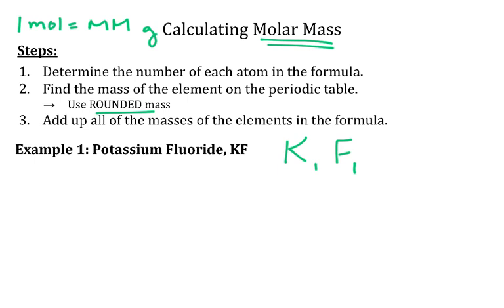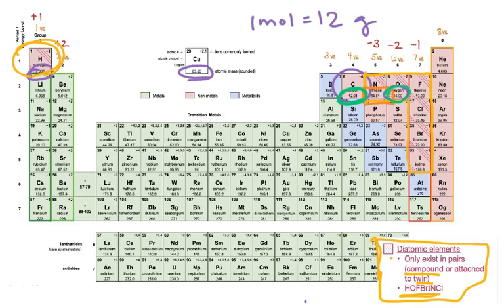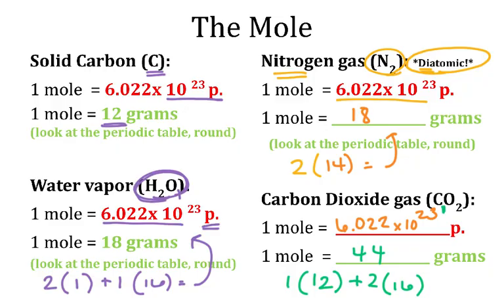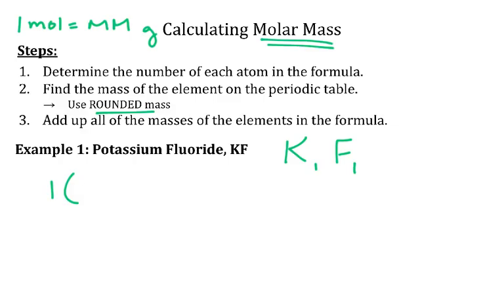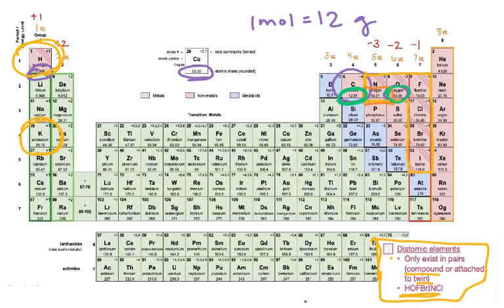So I have 1 potassium, and that has a mass of, here we are, 39.1. So I'm going to round that to 39. Plus, I have 1 fluorine, and fluorine has a mass of 19.